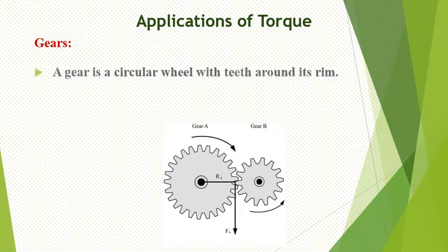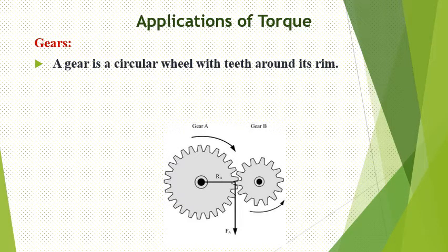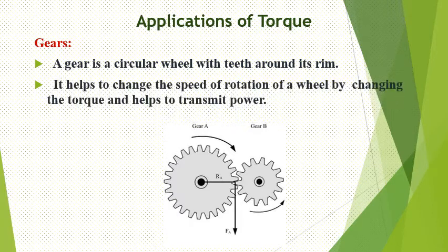A gear is a circular wheel with teeth around its rim. It helps to change the speed of rotation of a wheel by changing the torque. That means the rotating effect at a fixed point helps to transmit power. So gear is an application of torque.